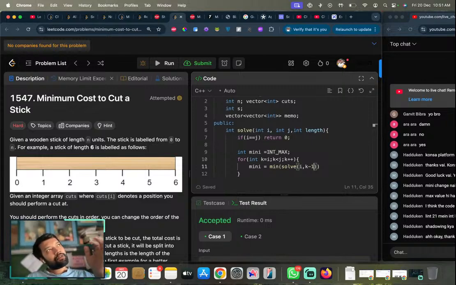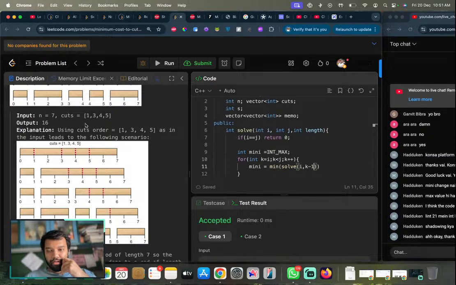If I make a partition on this element, let's say I make a partition here, okay, no k minus 1 because it is exclusive, k is not included, plus solve of k plus 1, comma j, comma mini.